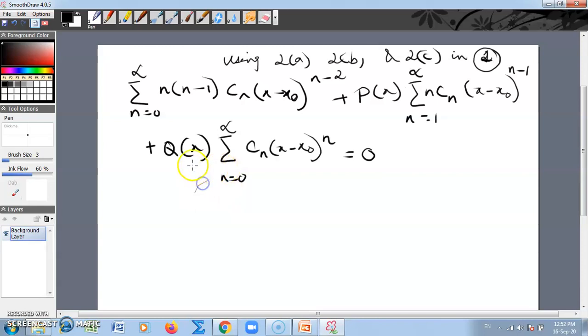So as a result, we know that these are constants. When we open all these, we get the first term like this. We put n is equal to 0, then we put n is equal to 1, and we get C0, C1, Cn like this.